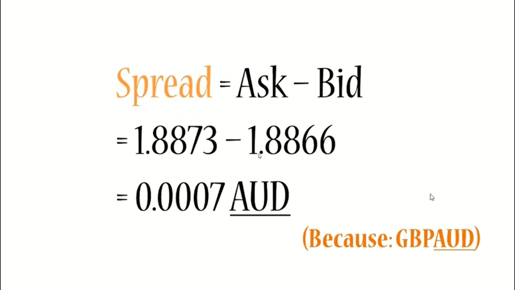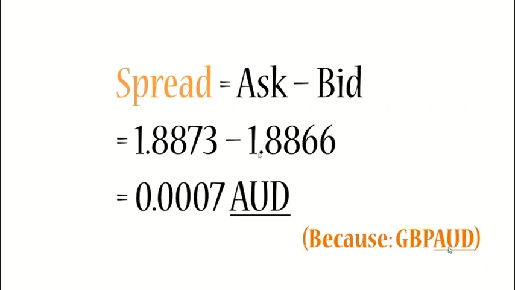Why is it quoted in Australian dollars? Basically because our price quotation is in Australian dollars. If you go back to our previous example about apples, where we talk about base currency and quoted currency, our base currency is an apple and our quoted currency is the price at which the apple is valued.